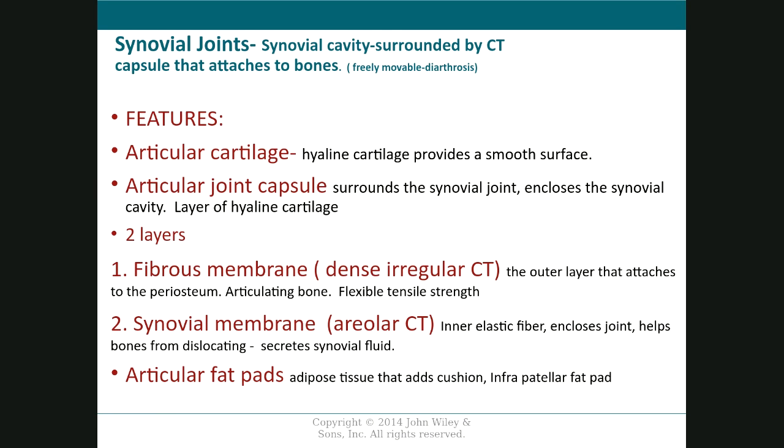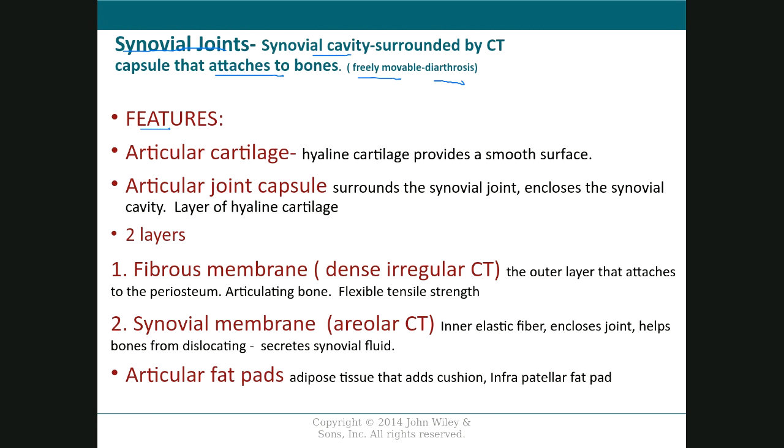The last category are called synovial joints. Synovial joints are what we think of when we think of a joint generally. They're freely movable, or diarthrosis. They have a synovial cavity surrounded by a connective tissue capsule that attaches to bones. So let's look at the features of the synovial joints.